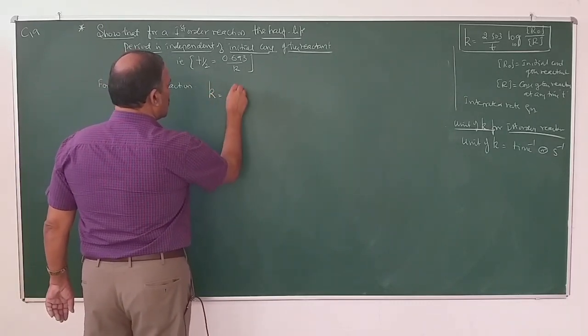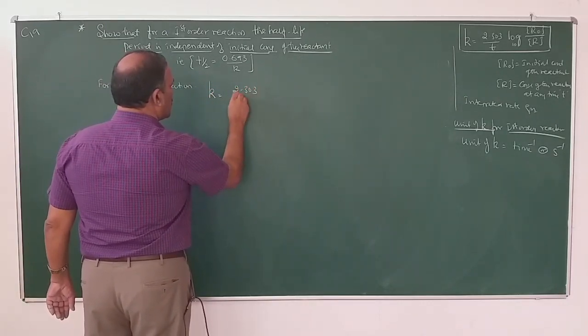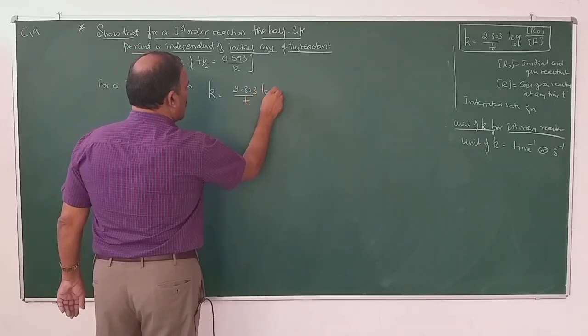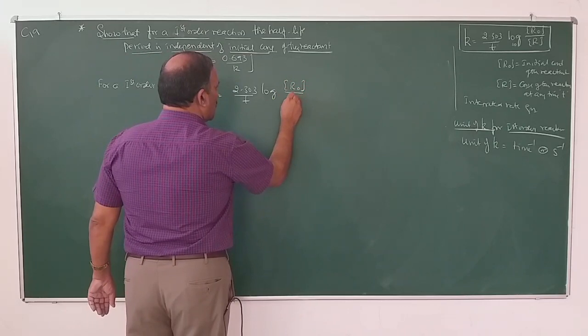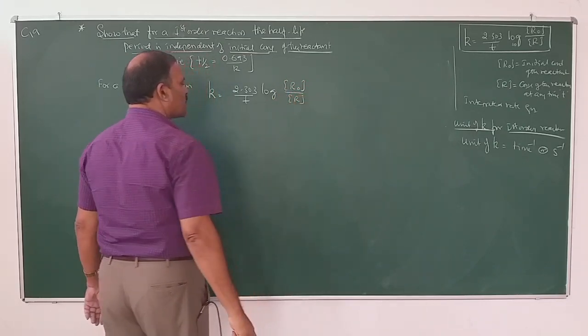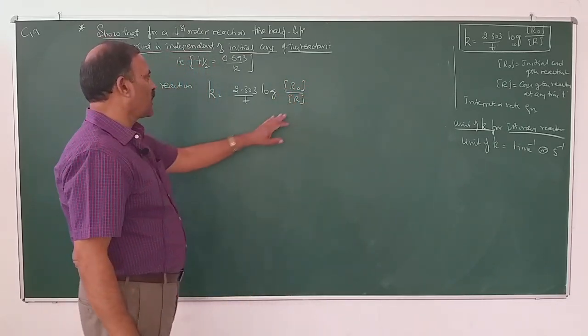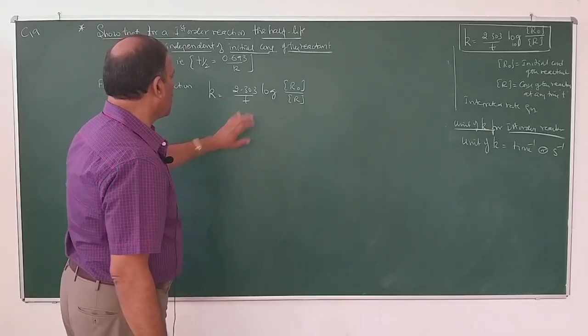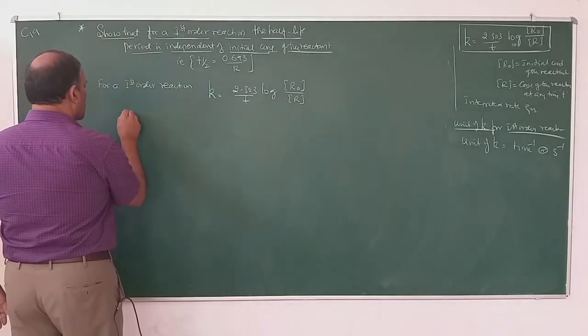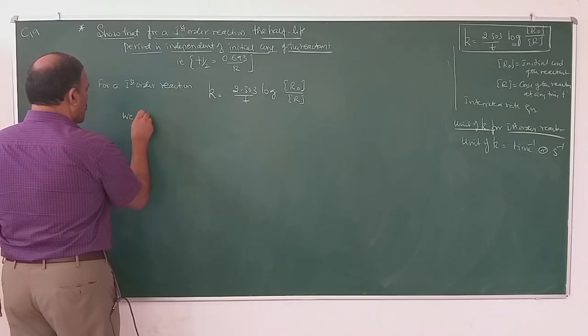Rate constant is equal to 2.303 by T log of R0 divided by R, where R0 is the initial concentration and R is the concentration of the reactant at any time T.